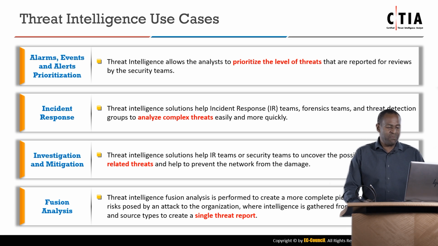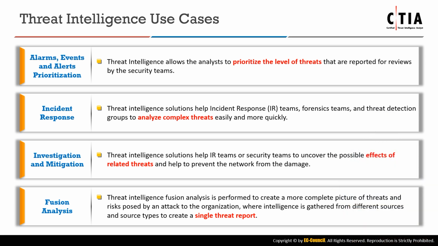Next, we look at investigation and mitigation as one of the use cases for threat intelligence. And this helps your incident response team and your security teams to uncover the effects of related threats and help prevent network damage. So that's the mitigation aspect of it. We can also use threat intelligence for fusion analysis.